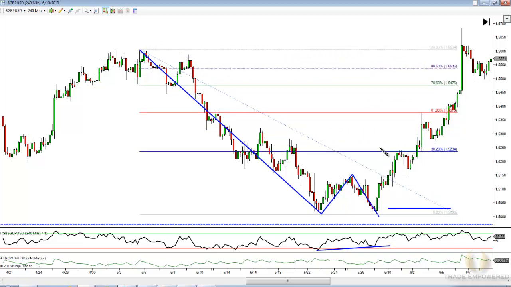And I'm going to look for my 382 as target 1 and my 618 as target 2. Just like with the stops, you can experiment with these, and if you're a more structure-based trader, you can take them off at structure levels, but as a default, traditional setup, look for the 382 for target 1, the 618 for target 2.